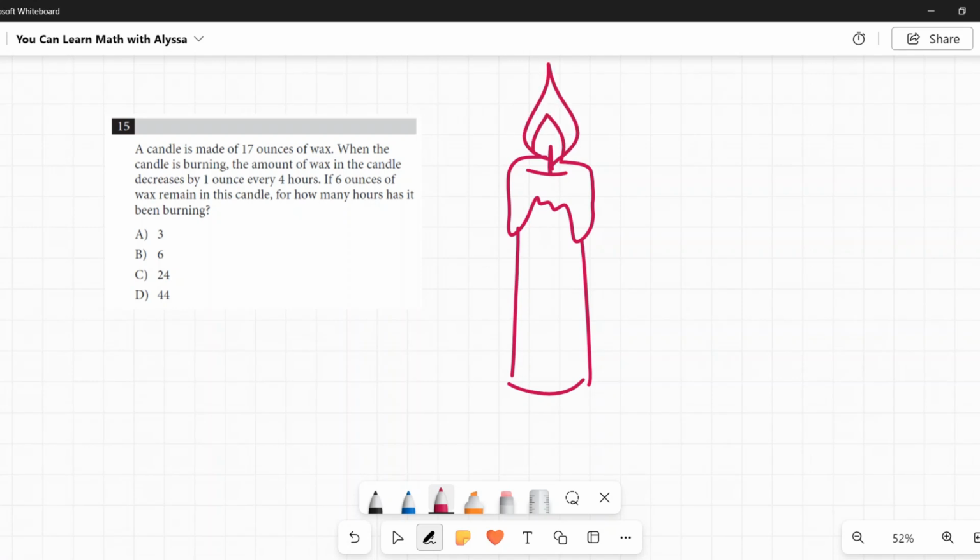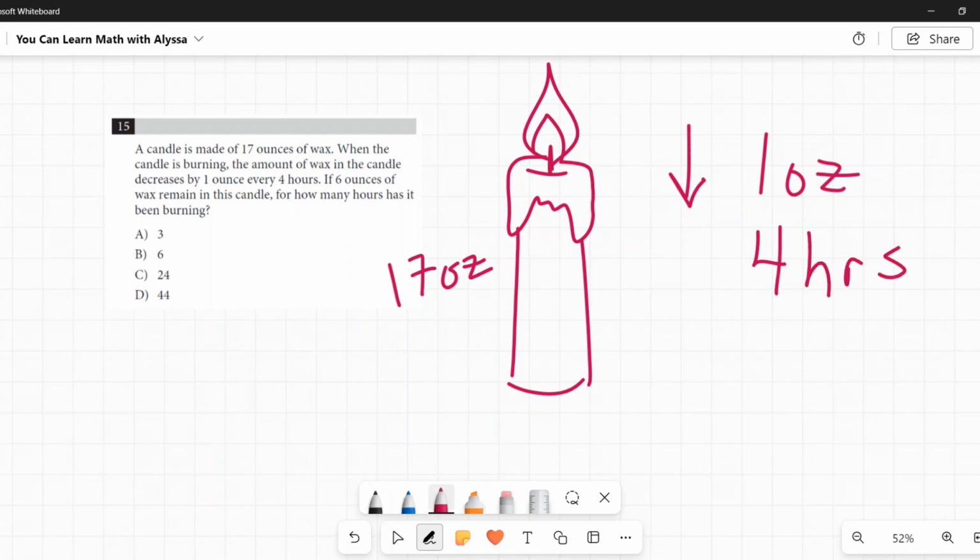There we go. All right, so a candle is made of 17 ounces of wax. That's a pretty big candle. When the candle is burning, the amount of wax in the candle decreases by 1 ounce every 4 hours, okay? If 6 ounces of wax remain in this candle, for how many hours has it been burning?